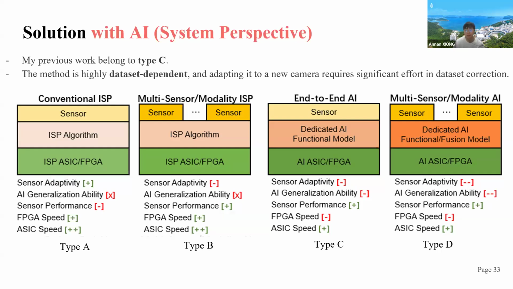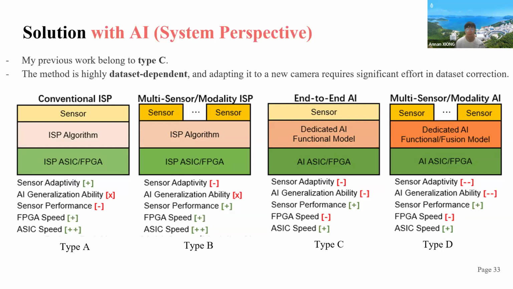The advantage of this kind of ISP is that it has strong AI capability. The problem is the inference is very heavy, and the generalization of AI models is also challenging. My previous method is highly dataset dependent.